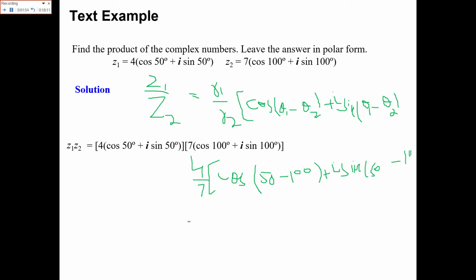So 4 over 7 would be as it is. You can also write it in the decimal form. So it will becomes cos (minus 50) plus iota sine (minus 50).